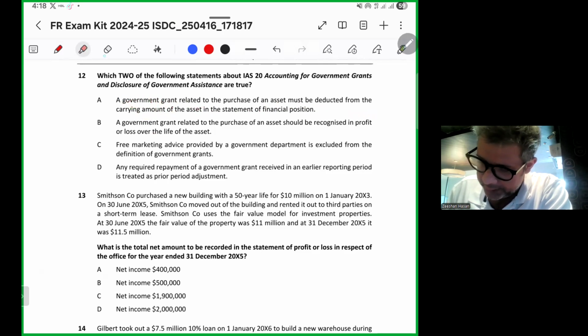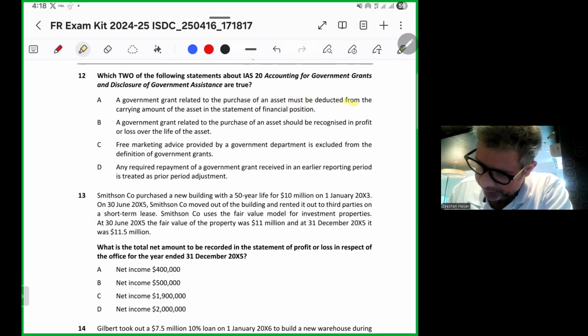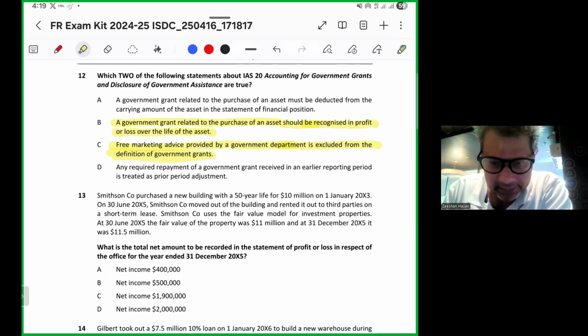B, a government grant related to the purchase of an asset should be recognized in profit or loss over the life of the asset. C, free marketing advice provided by a government department is excluded from the definition of government grant. So B and C are the correct answer. Item A is not correct as the deferred income method can be used. Item D is incorrect as any repayment is corrected in the current period, not retrospectively.